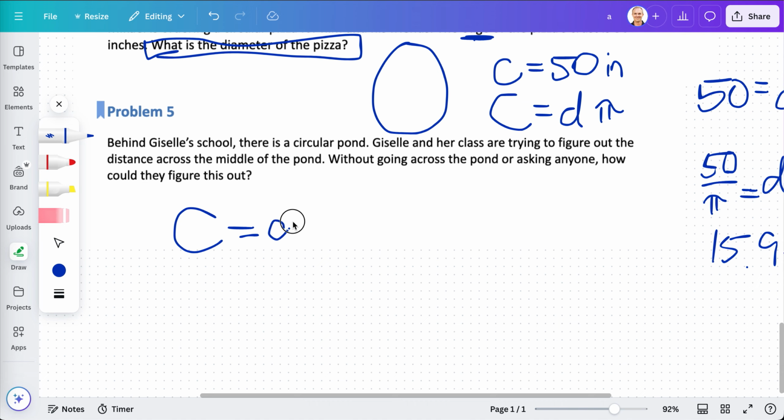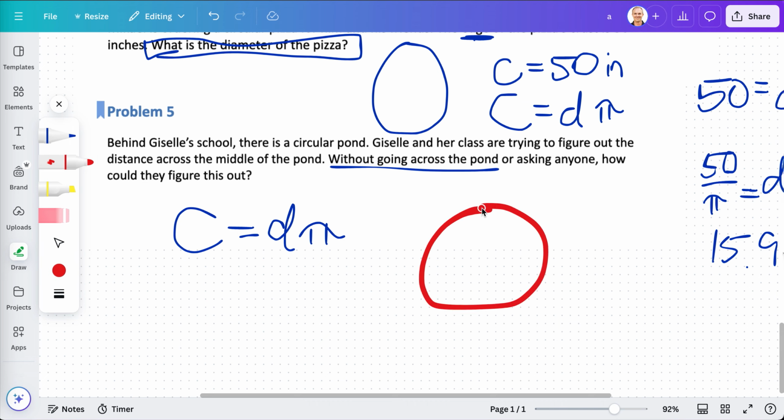Circumference equals diameter times pi. Without going across the pond, but they can go around the pond. So if they figure out the circumference, they can divide by this and they can find the diameter.